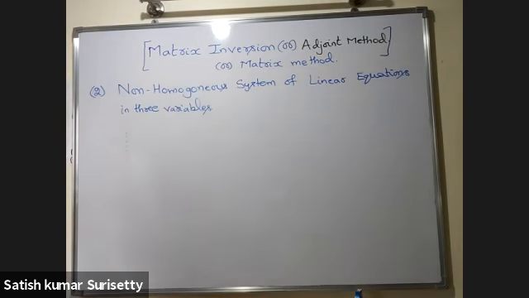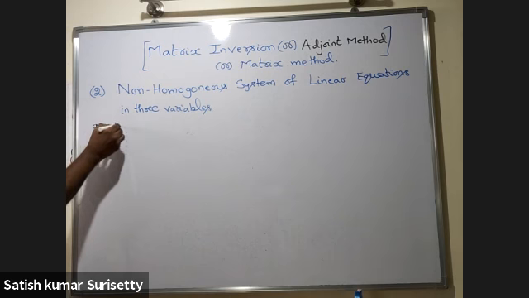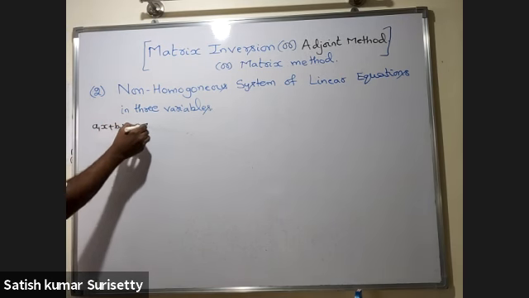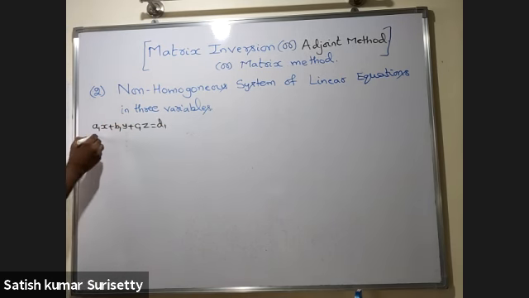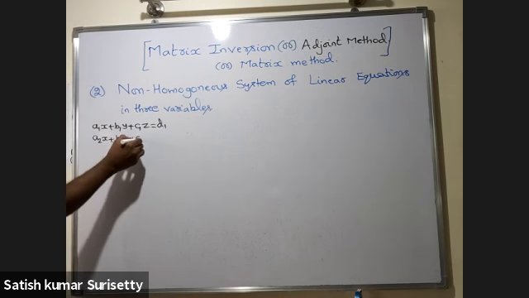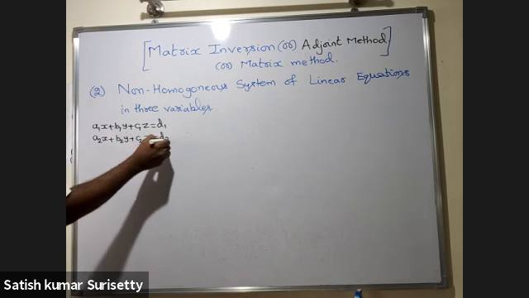Non-homogeneous system of linear equations in 3 variables. A1x plus B1y plus C1z equal to D1. A2x plus B2y plus C2z equal to D2.